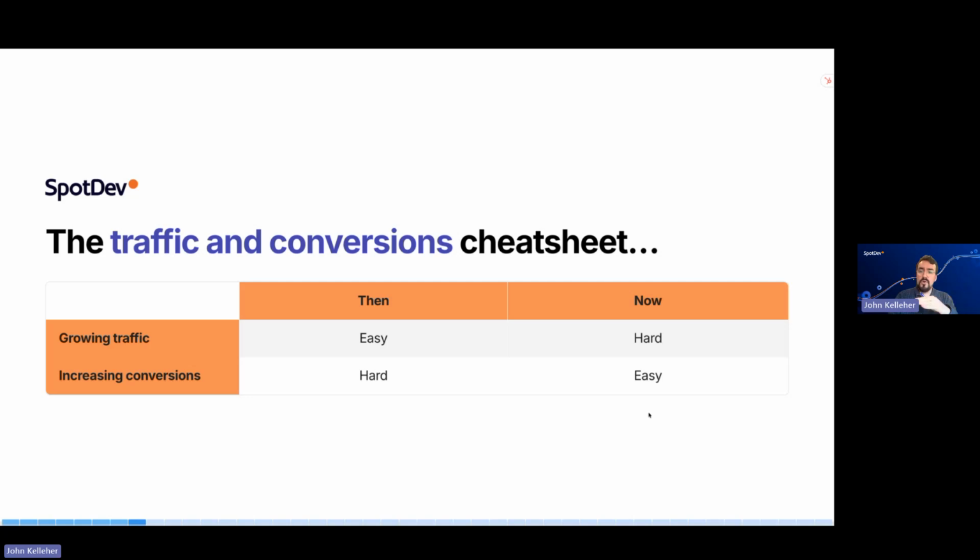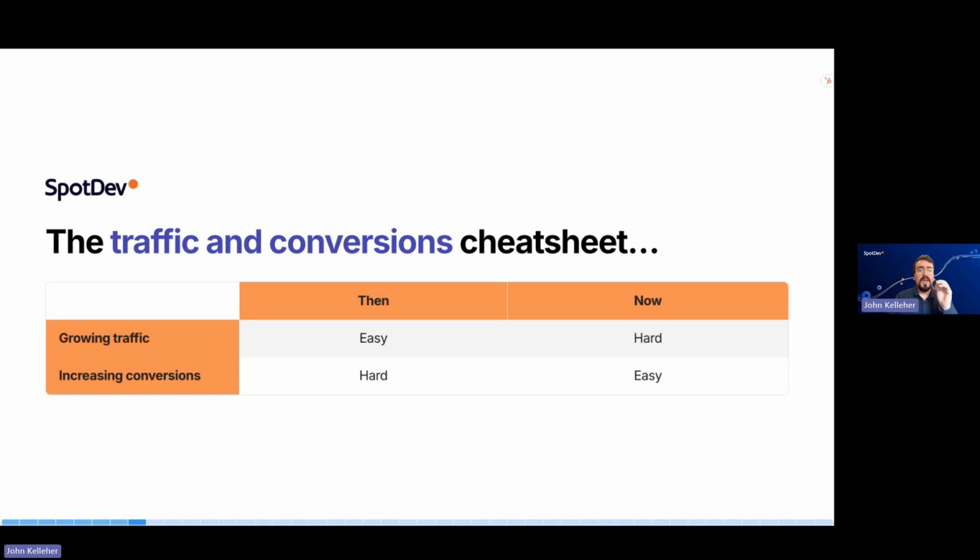I am, in all honesty, somewhat overstating that case, both for then and now. Perhaps easier and harder are more accurate statements. But broadly speaking, you're going to find that it's easier to increase conversions on your website now than it is to get traffic from Google organic search than it has been in the past.